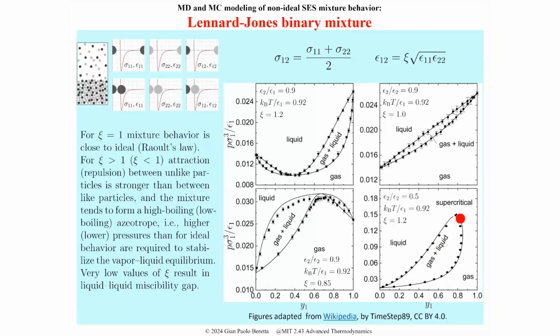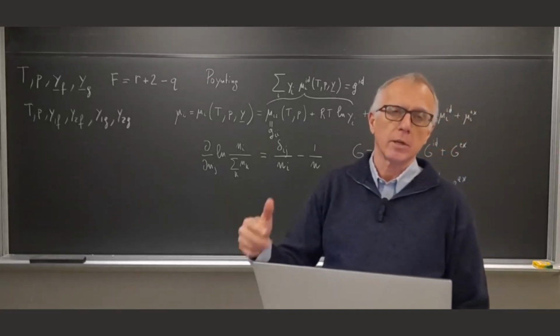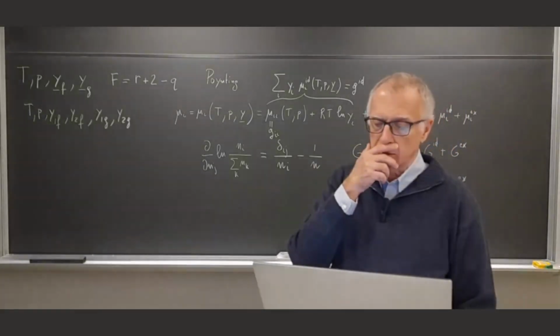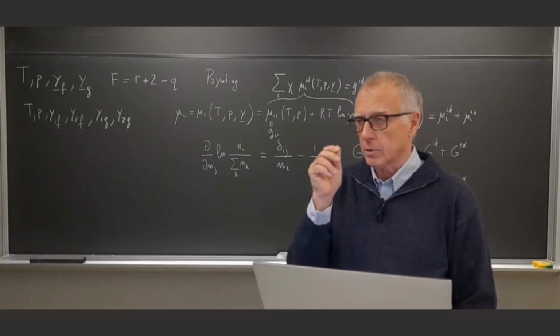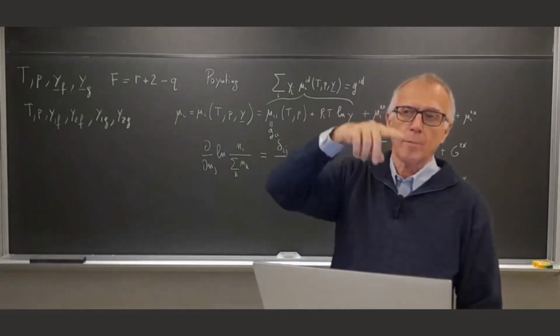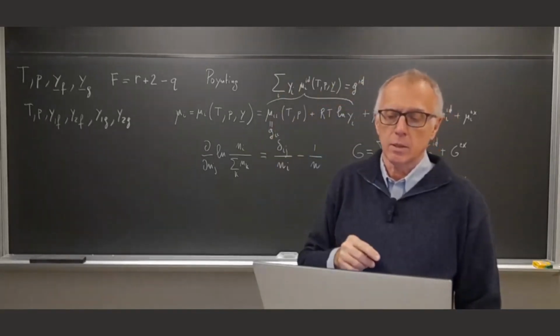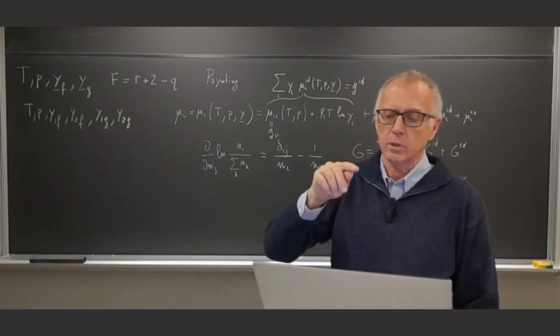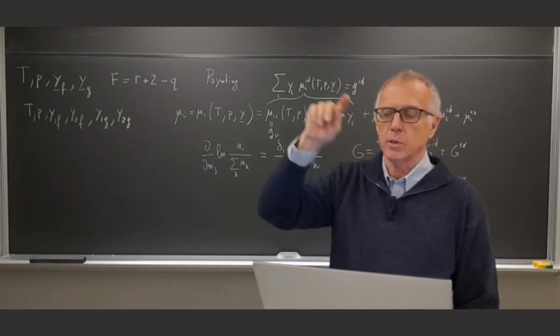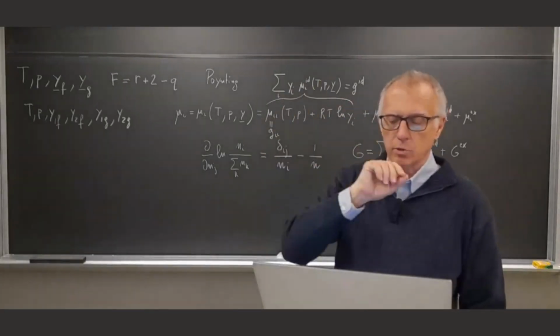In other words, that would allow you to go from liquid to vapor without a phase change, similarly to what happens in a pure substance, where if you go above the critical point, you can take a liquid to vapor and vice versa.